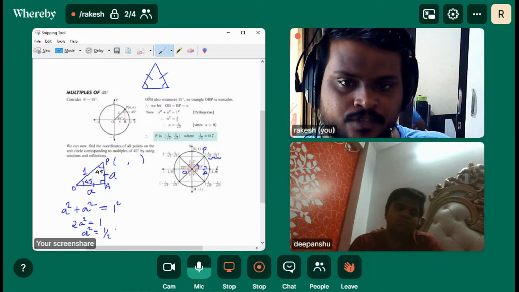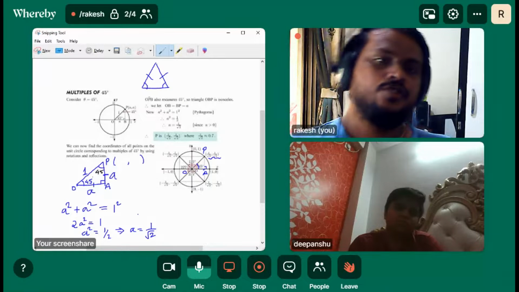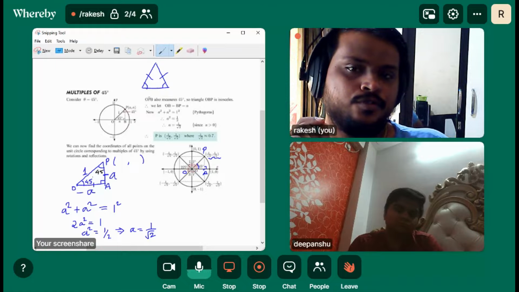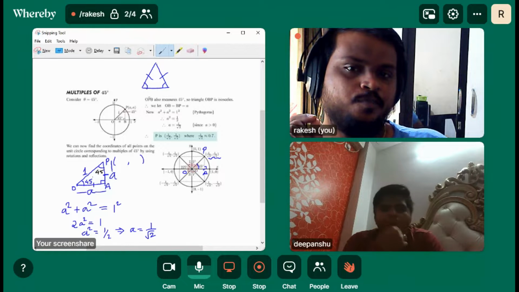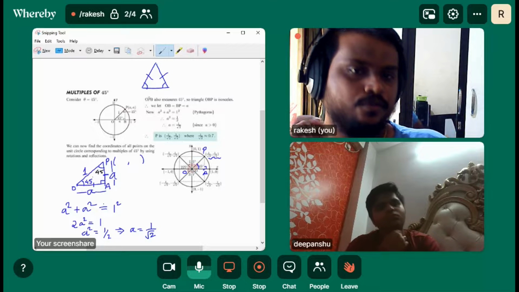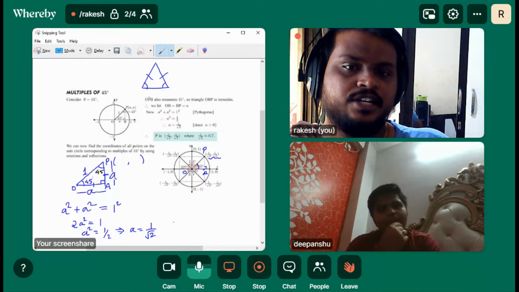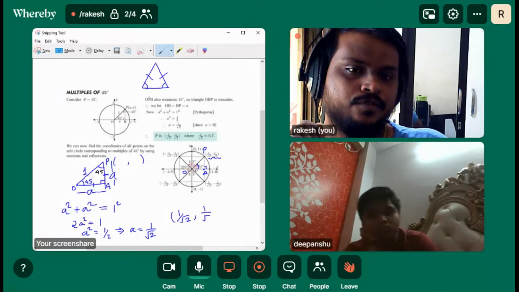This implies A is equal to 1 over root 2. So if A is 1 over root 2, the length of OA is also 1 over root 2. The length of PA is also 1 over root 2. It means the x coordinate is 1 over root 2, as well as the y coordinate is also 1 over root 2.